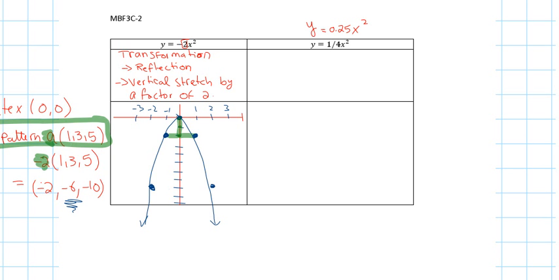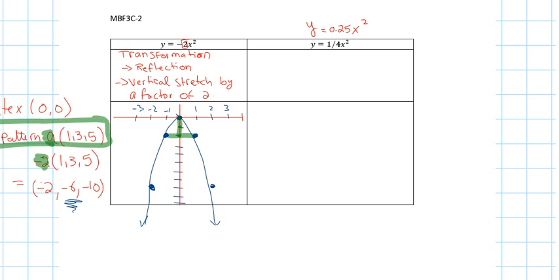A is 0.25. So if you're going to describe the transformation of this, what would you say? The a value is between 0 and 1, so it's a vertical compression. Do you remember that?